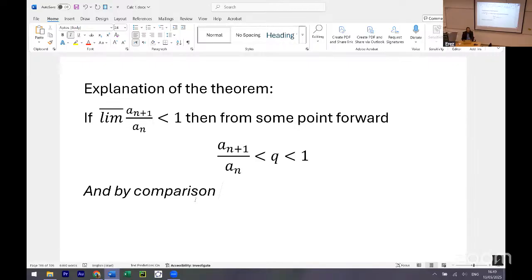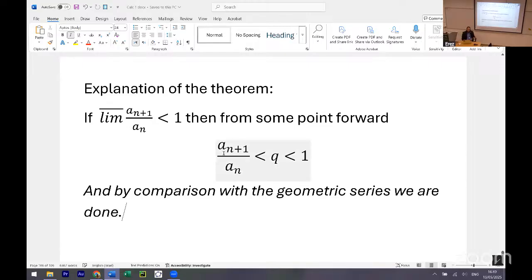And by comparison with the geometric series, we are done.